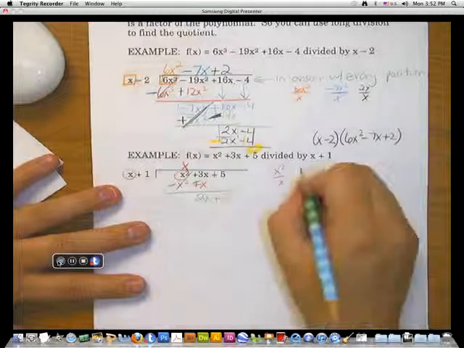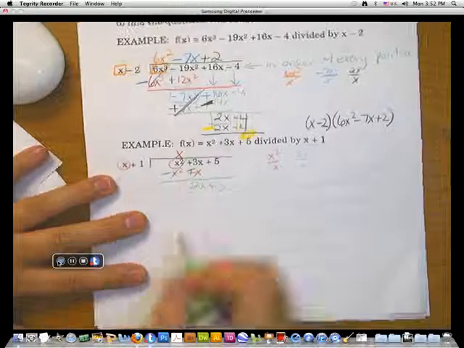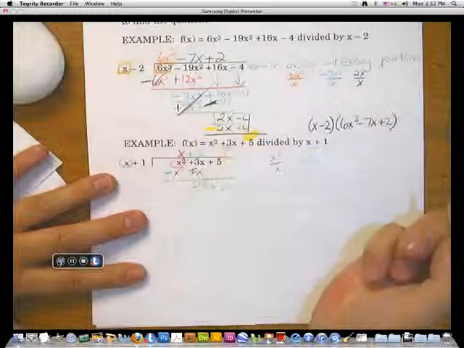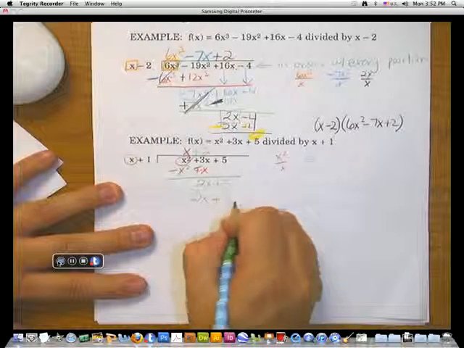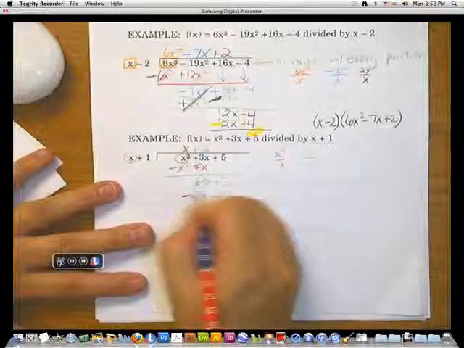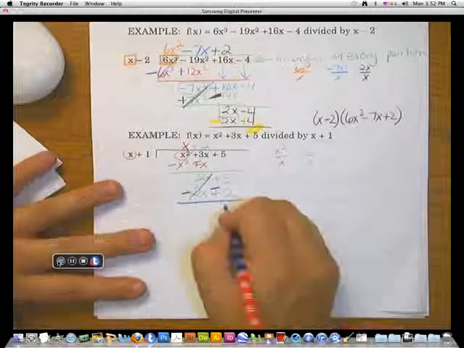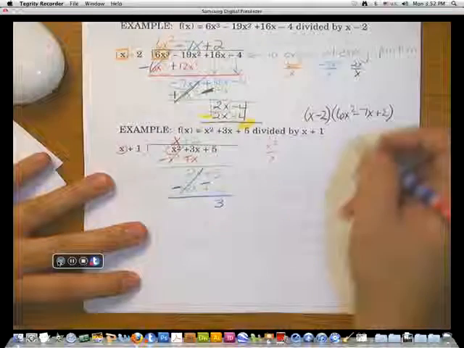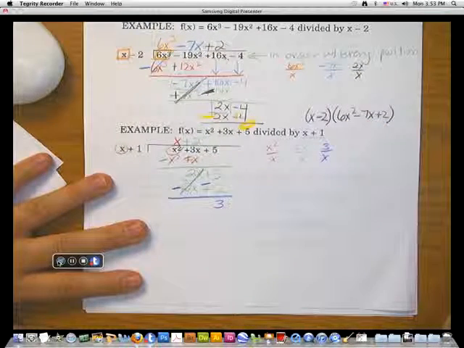X into 2x. So again, we're only looking at the first term, and we get 2. Multiply around, 2x plus 2. Subtract, which means switch our signs. First one goes away, it has to, and we get 3. Now I look at x into 3.